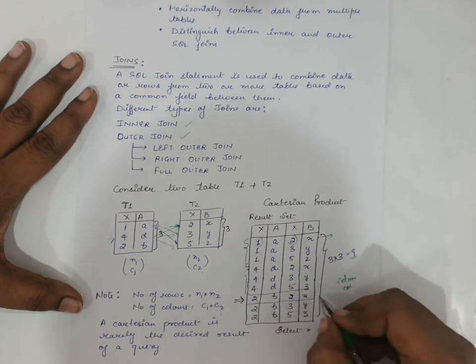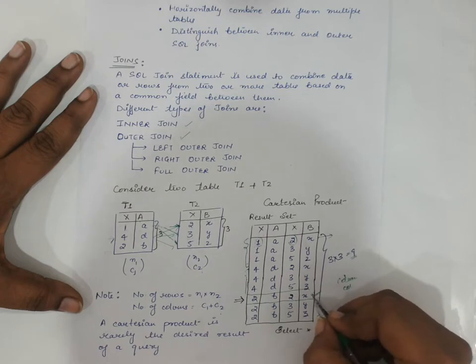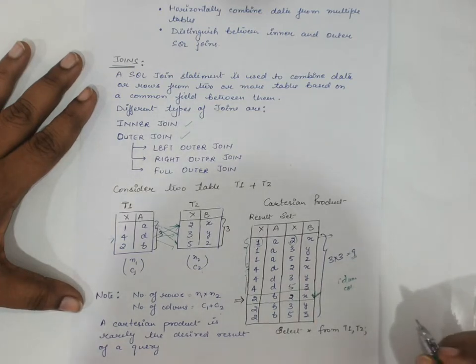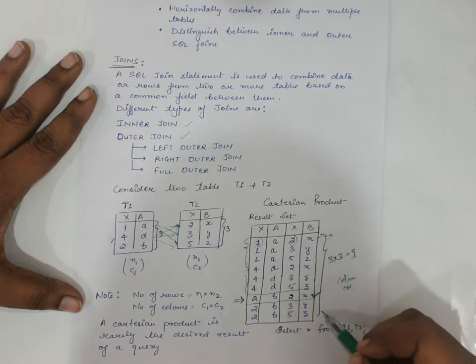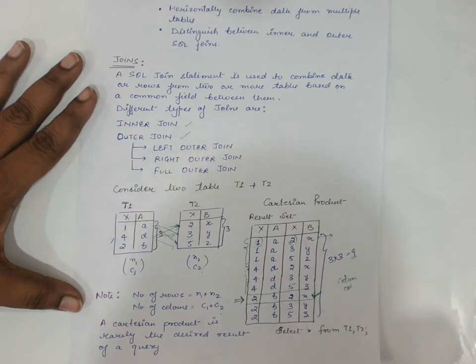So this is the correct tuple which should be visible in the output. Cartesian is just used to merge the two tables, but for the correct result we need to perform other conditions like matching column conditions.